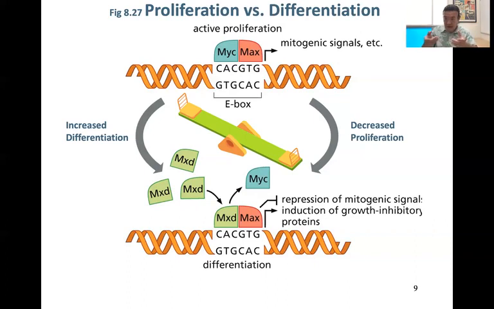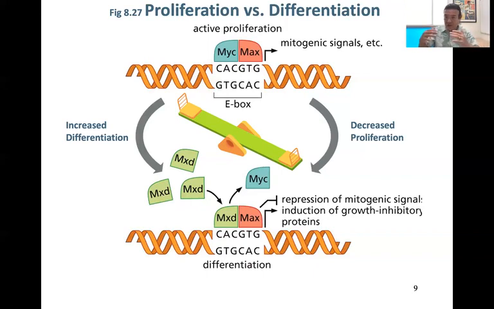On the other hand, if the signals that are arriving on the cell are more inhibitory in terms of proliferation, right? In other words, signals that encourage more differentiation, so it wants the cell not to bother making more of these proliferative cell cycle genes, but it wants the cell to make more of the genes that are involved in differentiation, right?